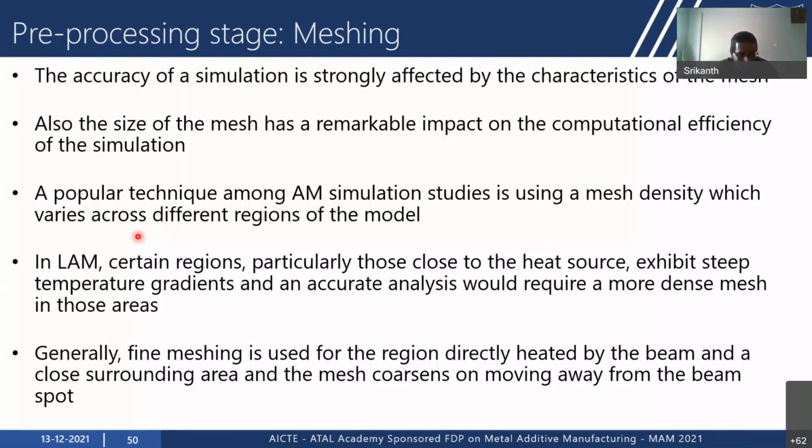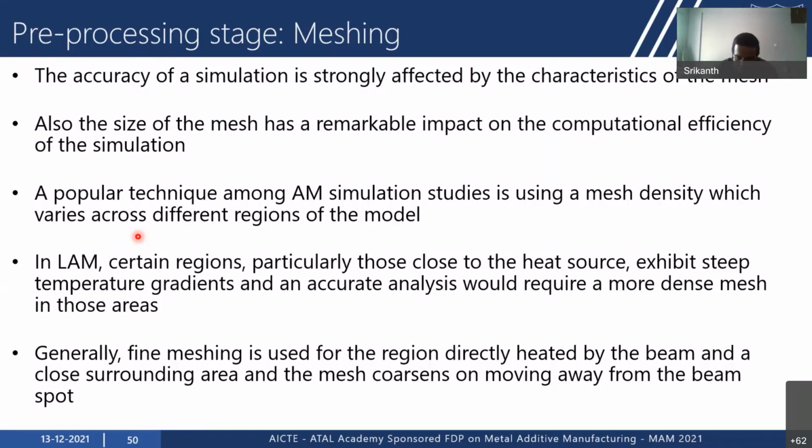We know that in the region close to the heat source, the thermal gradients are going to be steep, and an accurate analysis of the thermal gradients will require a dense mesh in these regions. But away from the heat source, the gradients are relatively constant, and we can coarsen the mesh.